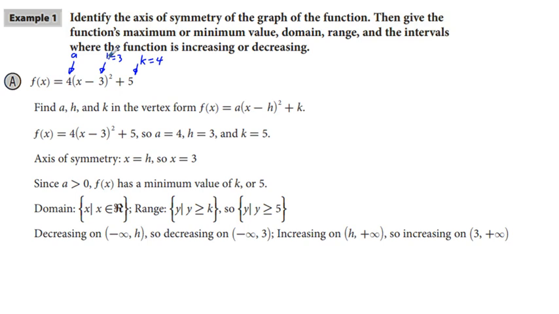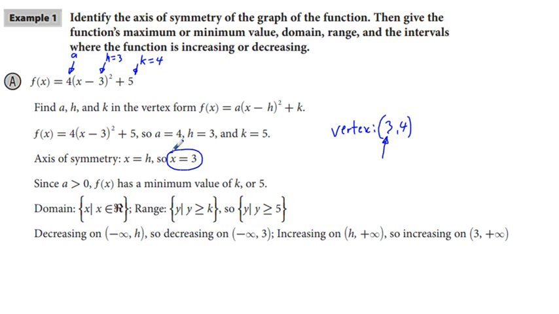So our vertex location is going to be the point h comma k, or 3 comma 4. And our axis of symmetry is going to be x equals h, the same as the first value in the coordinate pair, so x equals 3.